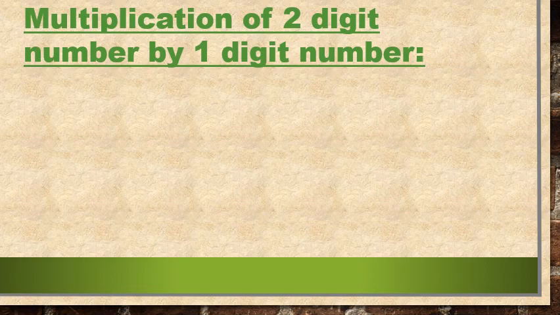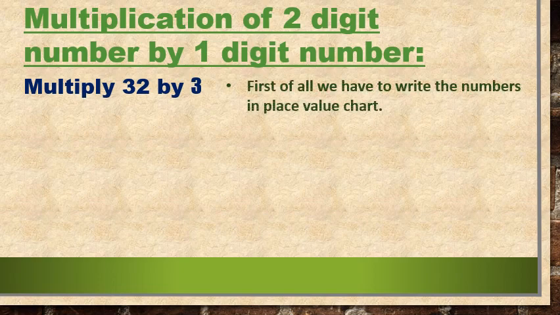So now girls, we are going to start with multiplication of two-digit number by one-digit number. Let's try this example. Multiply 32 by 3. So girls, how can we do that?